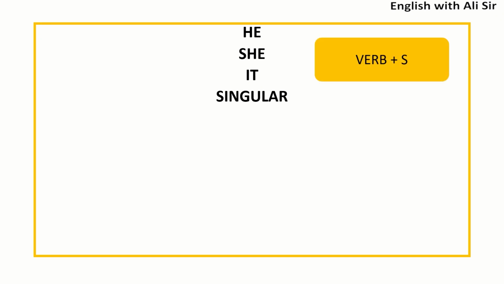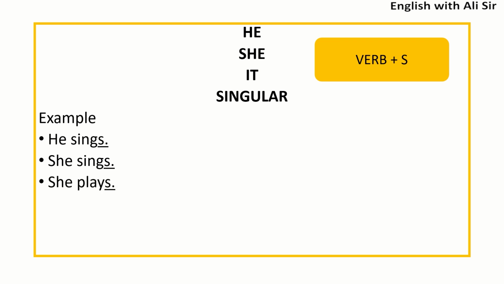For he, she, it, and a singular person, we generally add s to the verbs. For example, he sings, she sings, she plays, he writes a letter, Ali writes a letter, Ali plays well.